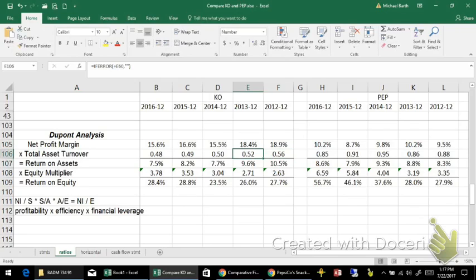There is a slight decrease in the efficiency and a fairly pronounced decrease in net profit margin, and their increase in the financial leverage is lower than Pepsi's. So as of the end of 2016, the return on equity for Pepsi is twice that of Coke, even though they started the same place back in 2012.